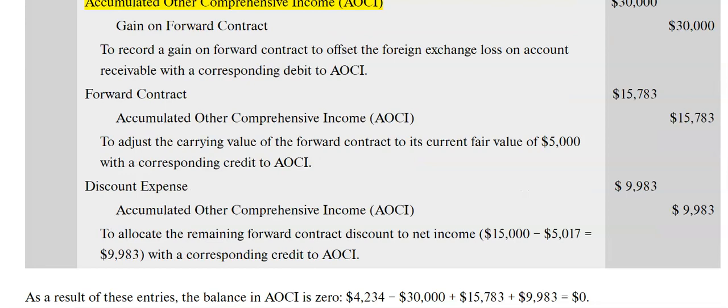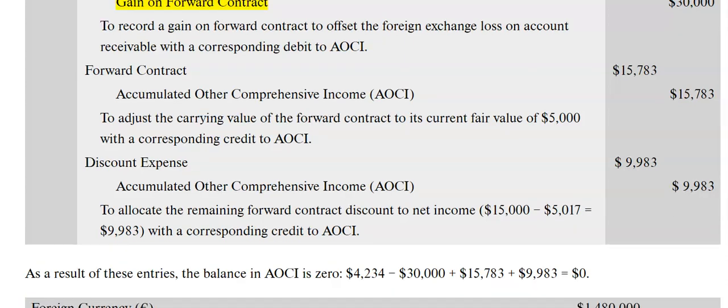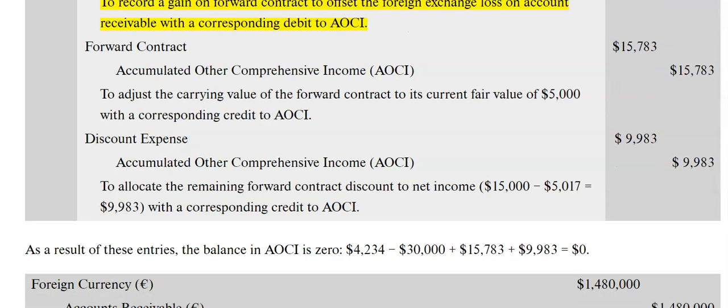Accumulated other comprehensive income, AOCI, $30,000. Gain on forward contract, $30,000. To record a gain on forward contract to offset the foreign exchange loss on account receivable with a corresponding debit to AOCI.